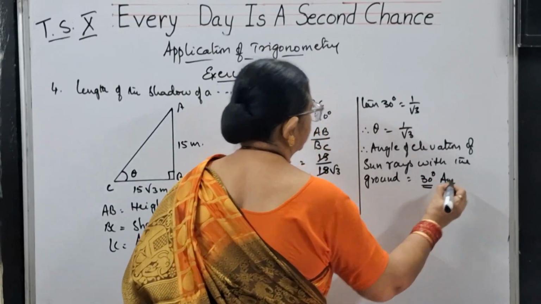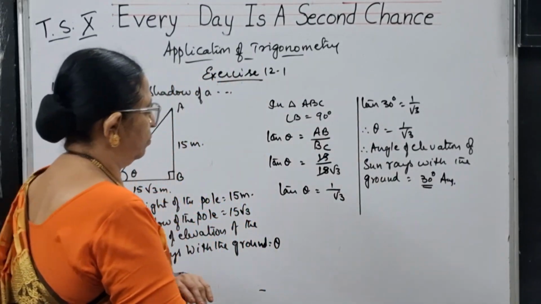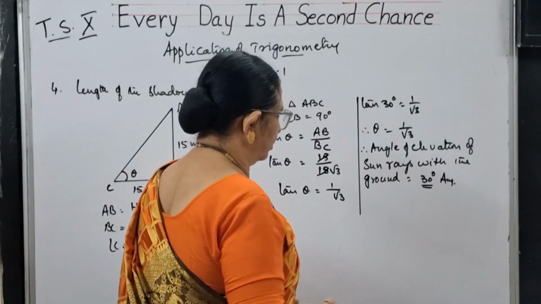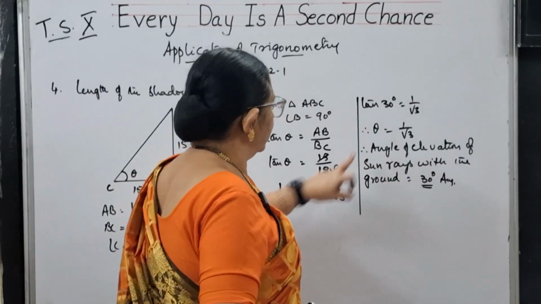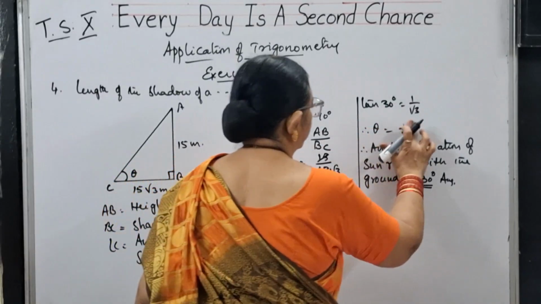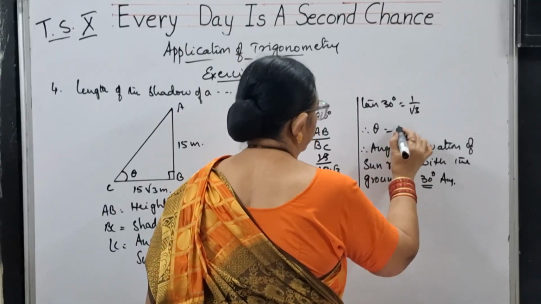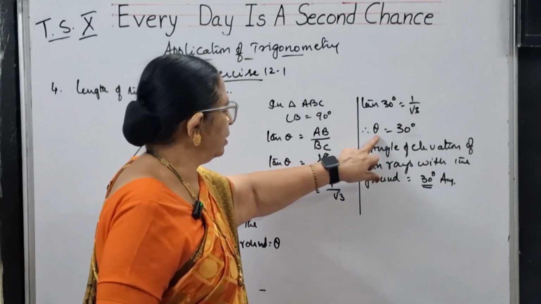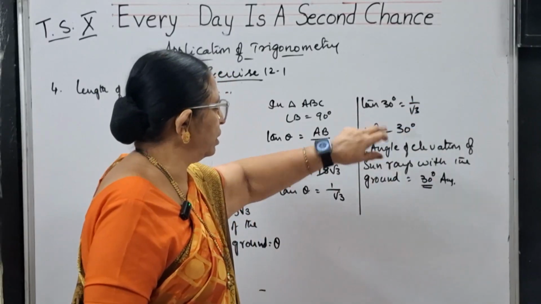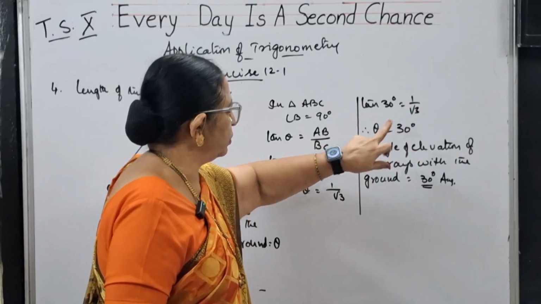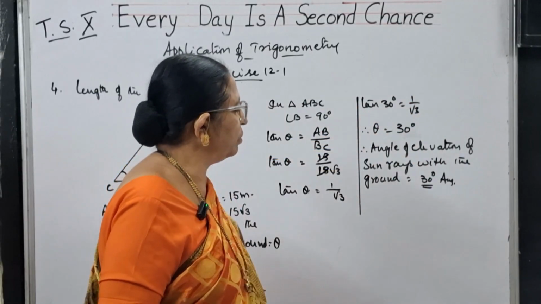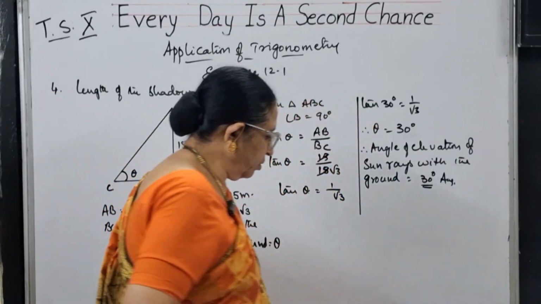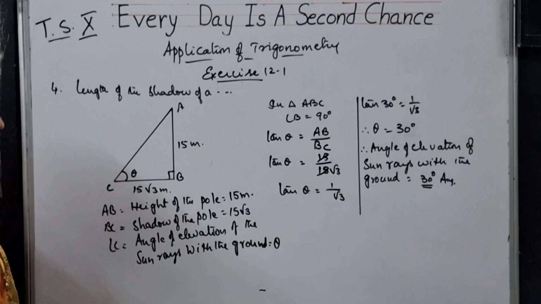This is the answer, children. Sorry, children, here I should write theta is equal to 30 degrees. This angle is 30 degrees. The value we should not write. Tan 30 is 1 by root 3, so theta is equal to 30 degrees is the answer, children. Please note it down. This is the fourth problem.